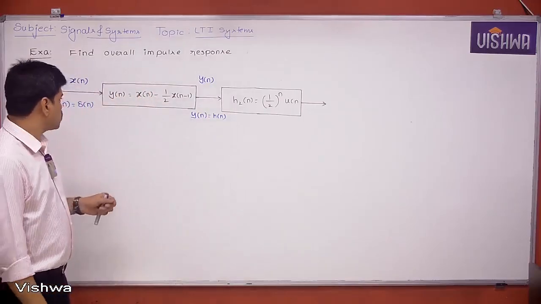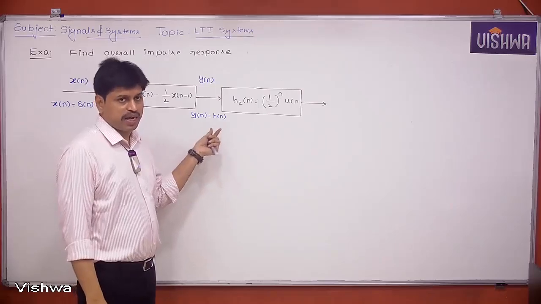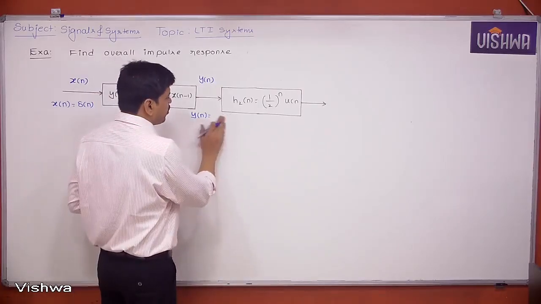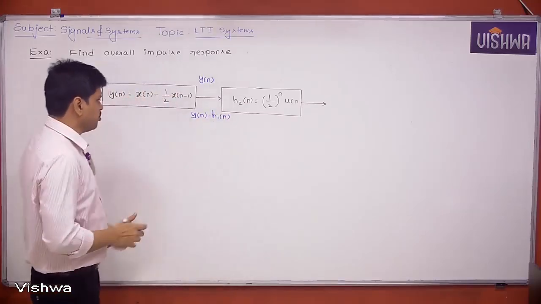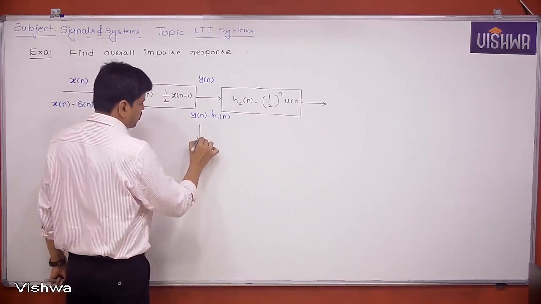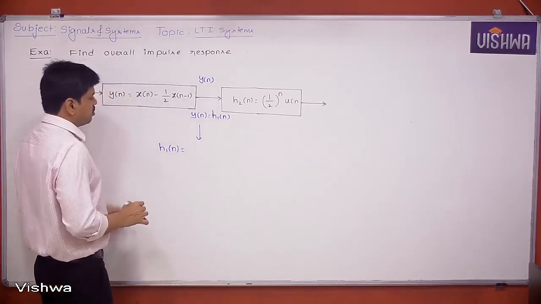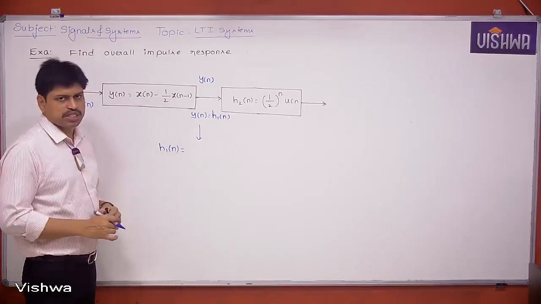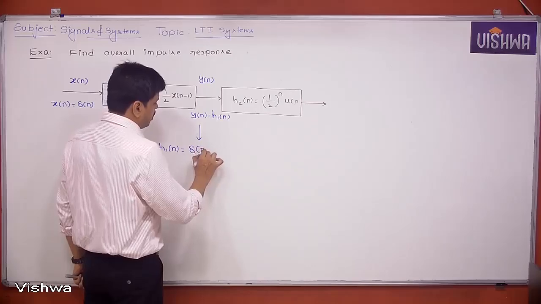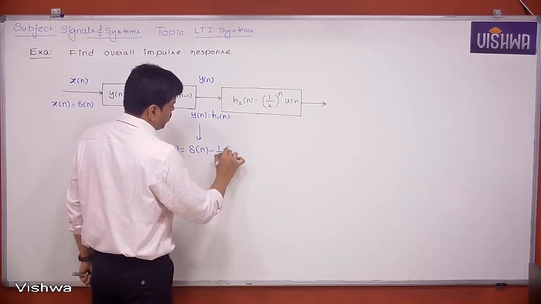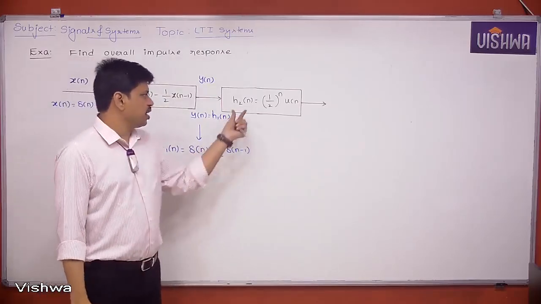I hope you understood. So whenever the input is the impulse function, the output is called the impulse response h of n. So let's call it h1 of n. You tell me, what is h1 of n for this system? Wherever x is there, that has to be replaced with impulse, that is delta. So simply it is delta n minus 1 by 2 delta n minus 1. So we got h1 of n and we got h2 of n.